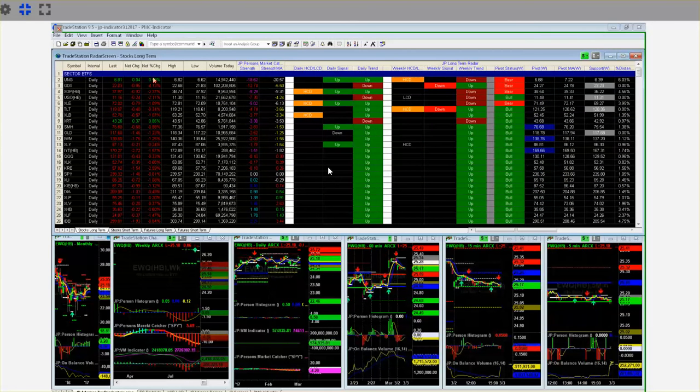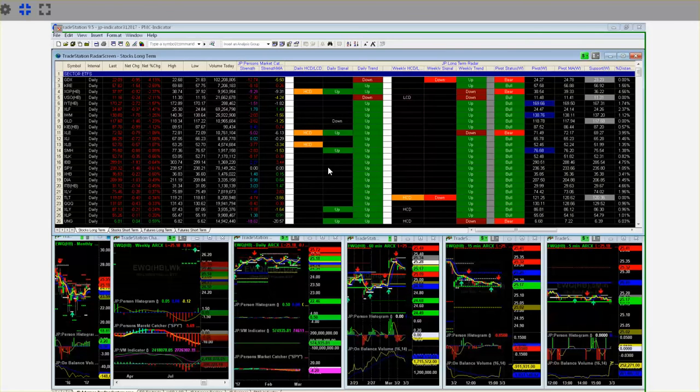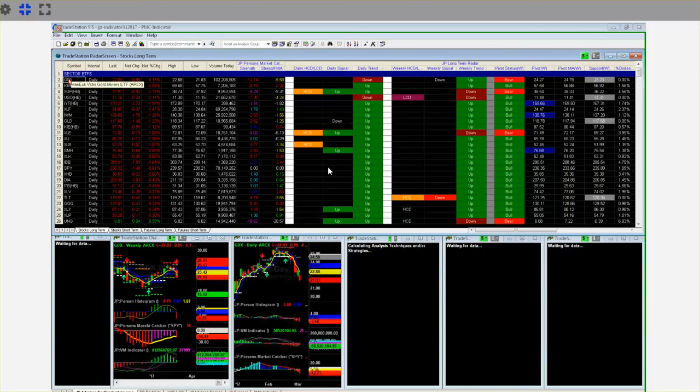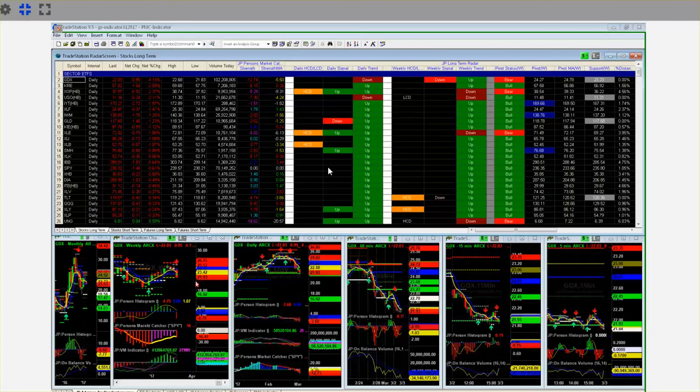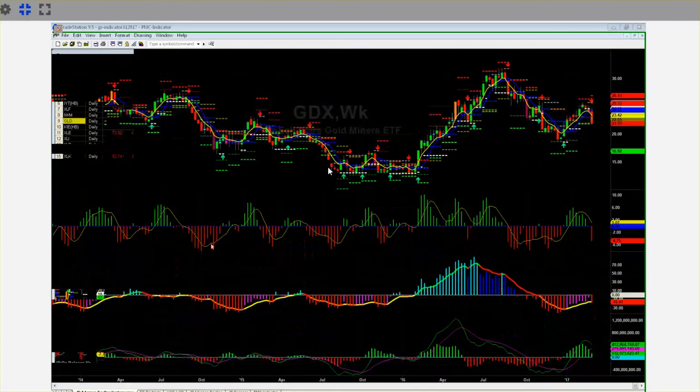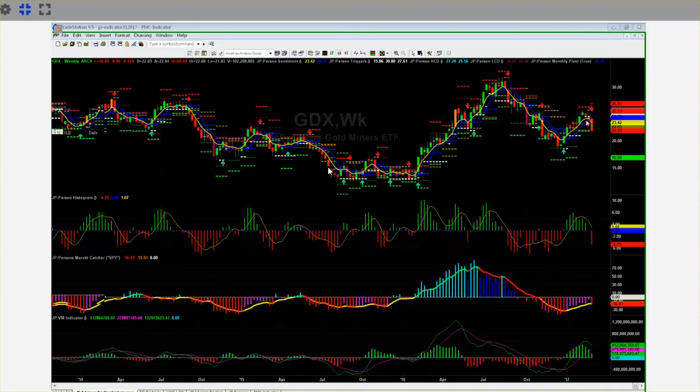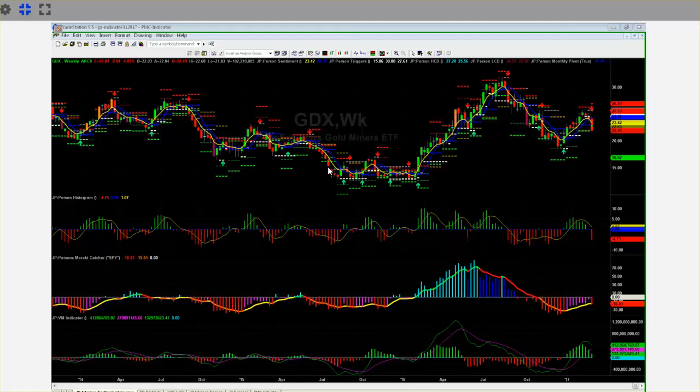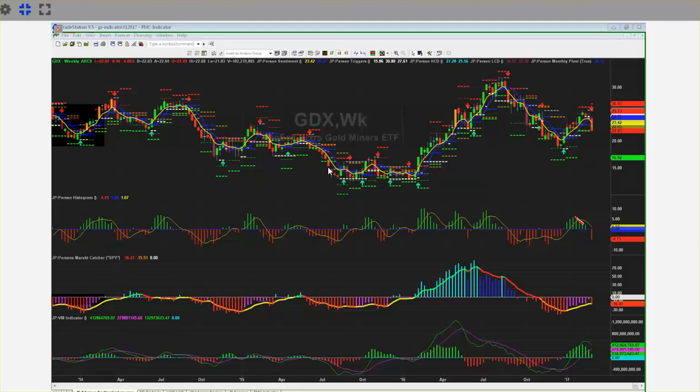What's interesting about GDX is that in the last few weeks, gold has risen and the gold miners have declined. And if we take a look at this together, we will notice that as the gold miners started to rise, and again, this is a weekly chart, by the way, folks, as they were going up, they were losing momentum. Gold miners are still underperforming the market, and volume is depreciating.